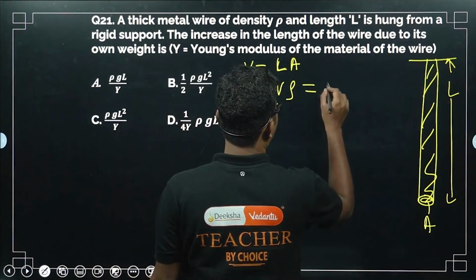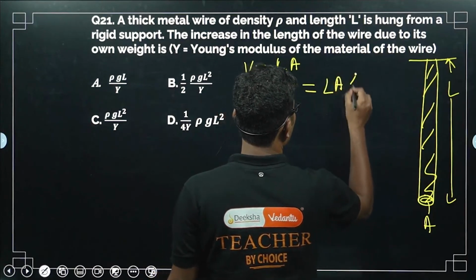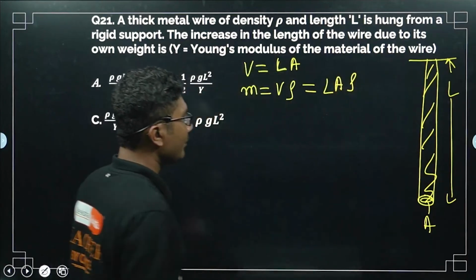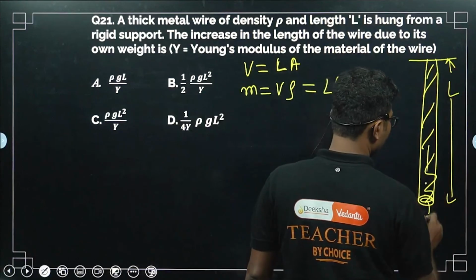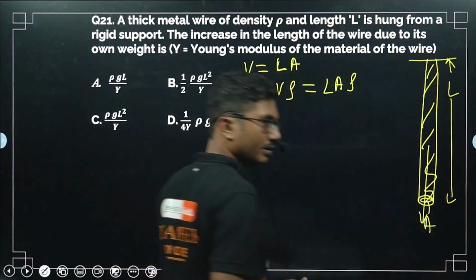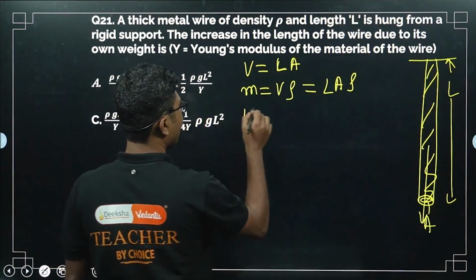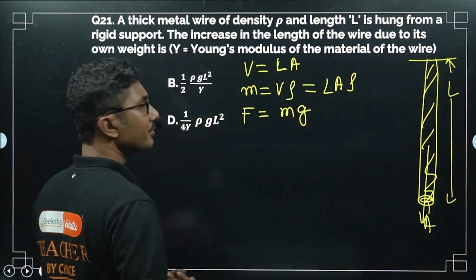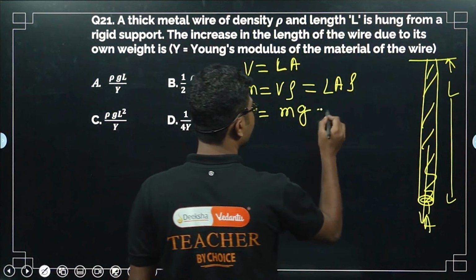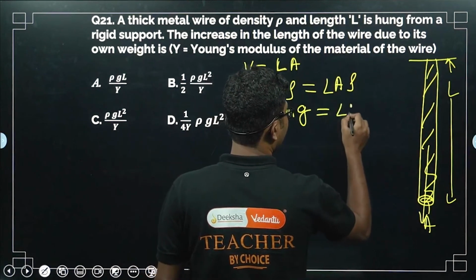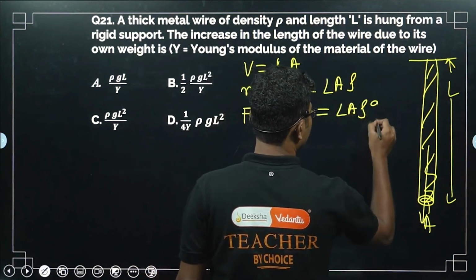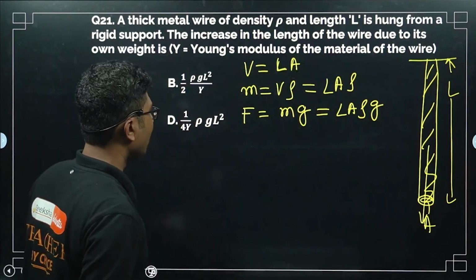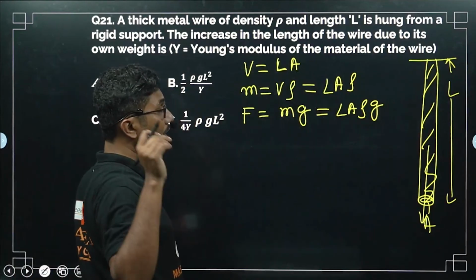So mass is LA rho, right? Now, when we are hanging this, there will be a force. That force will be given by mg, as any hanging object will face the force of mg. So the force is LA rho g, right?